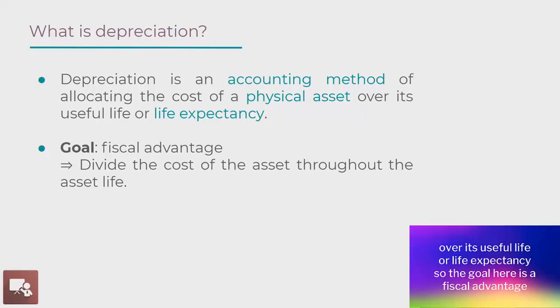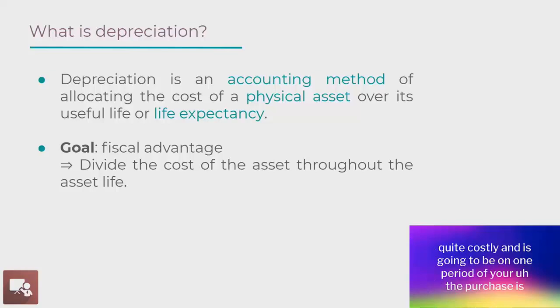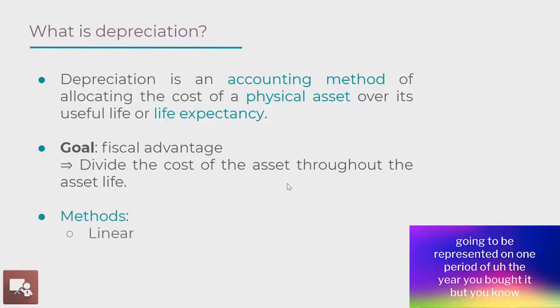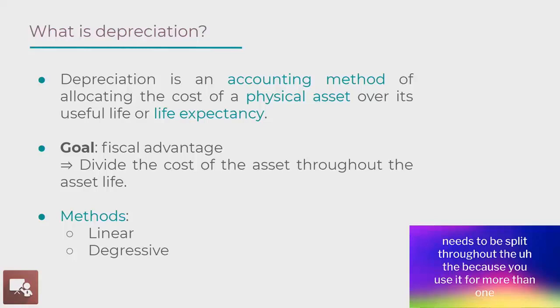When a car, for example, costs you dozens of thousands of euros, so quite costly, the purchase is going to be represented on one period, the year you bought it, but it needs to be split throughout the asset's life. The fiscal advantage of splitting the expense throughout the life expectancy is that you're going to get more expenses in your P&L, and then your total benefit of the year is going to decrease a little.